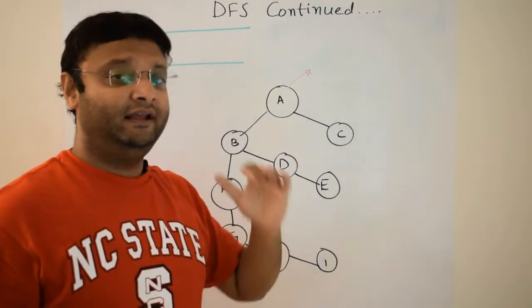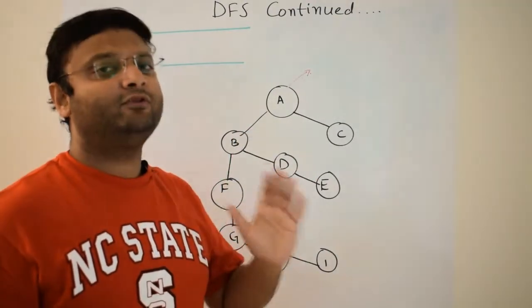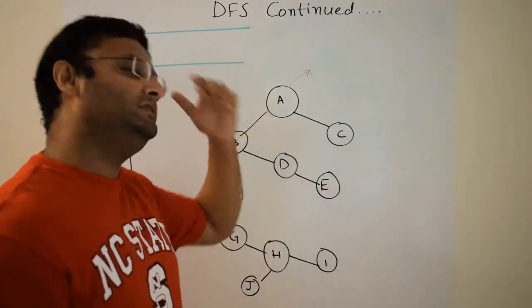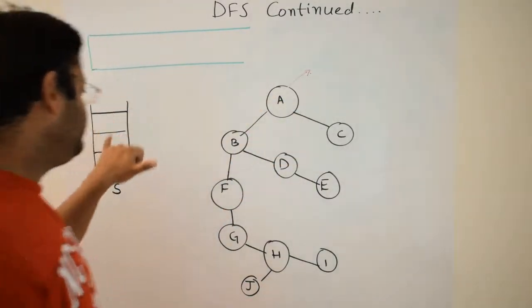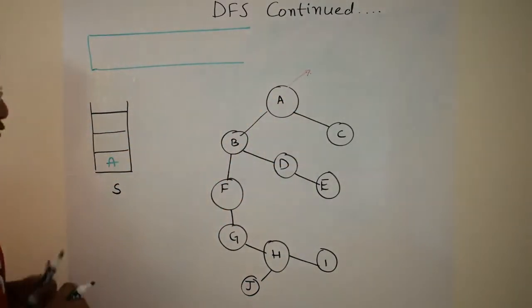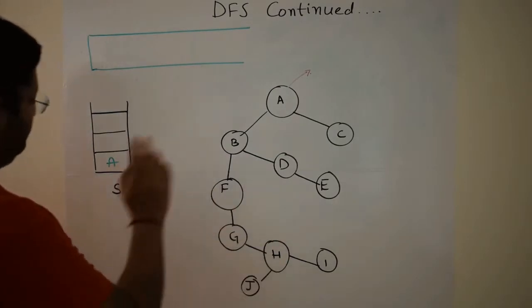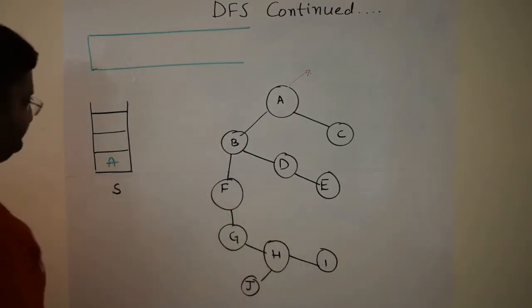Whenever you start applying DFS, you will have to give a node from where you will start. So in this case, let us start with A. So I have pushed A into the stack. Now what? Now I will pop this A out.